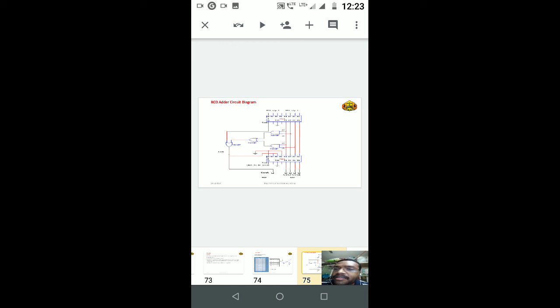Whatever result came after performing the addition of the two BCD inputs is directly connected to the A1, A2, A3, A4 pins, that is, the S0 to S3 pins are directly connected to the A1 to A4 pins.